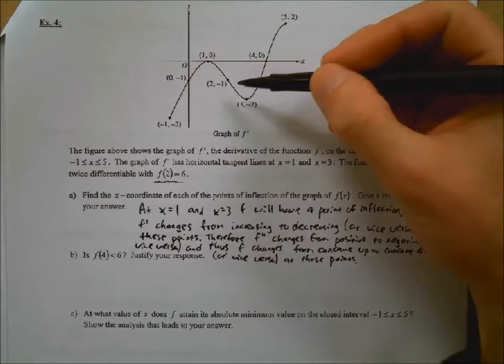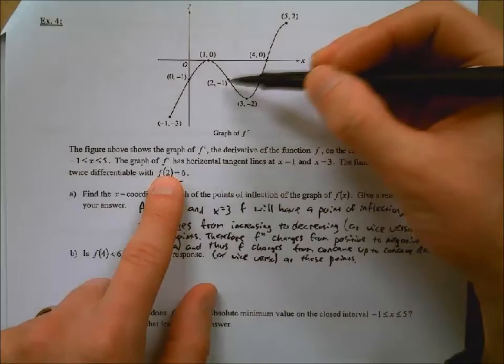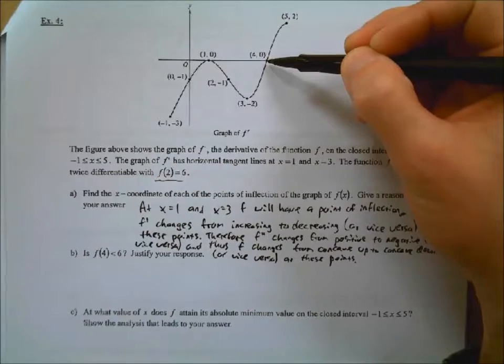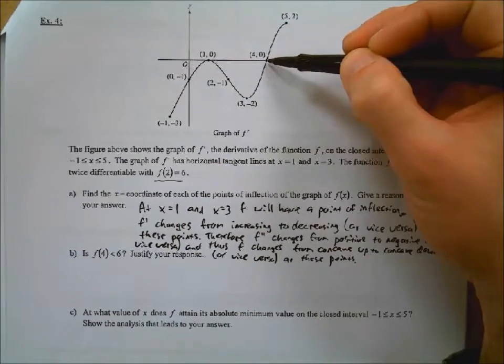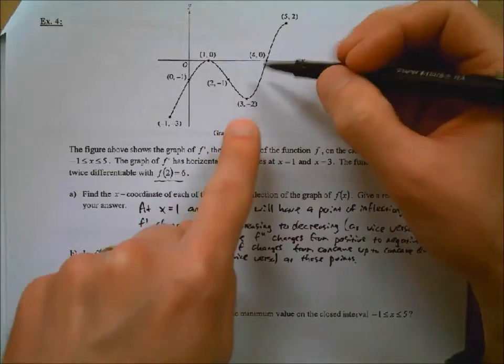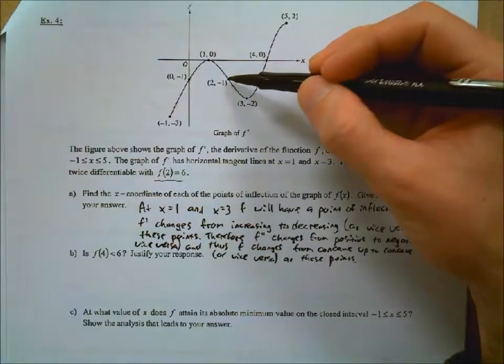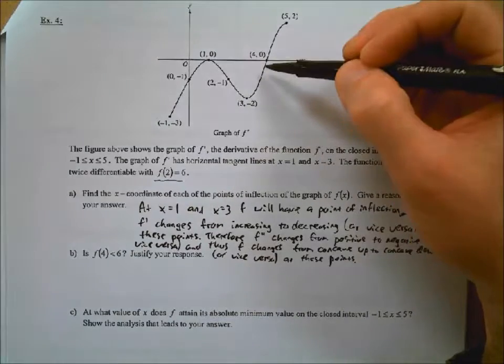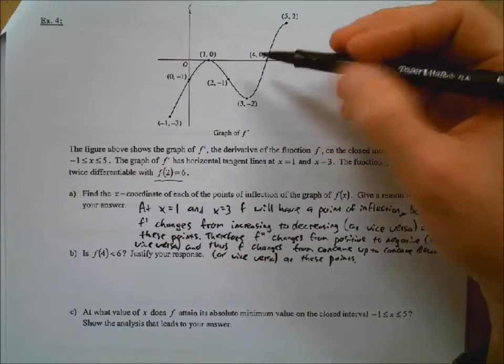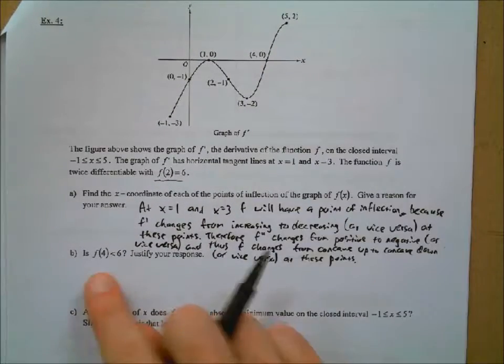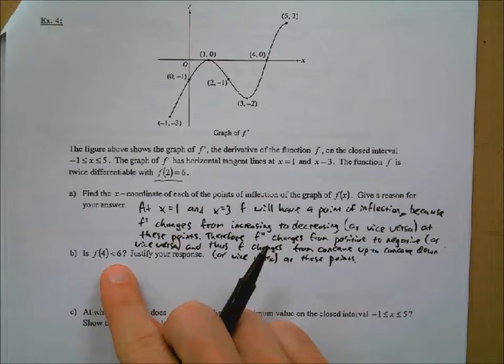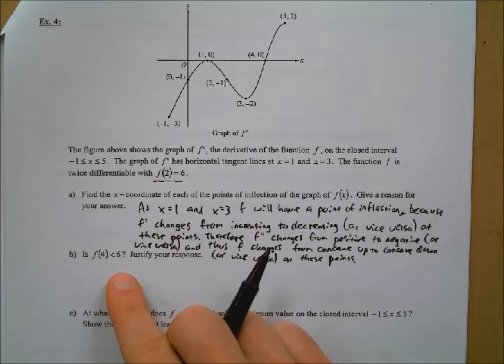From 2 to 4, you're saying f is increasing? Well, now, if you take a look here, be careful. This is a graph of f prime. What is the sign of f prime from 2 to 4? It's negative, therefore the original function will be decreasing. So, will f of 4 be less than 6? Yes, it will be. Okay. So right reasoning, just a little twist there.